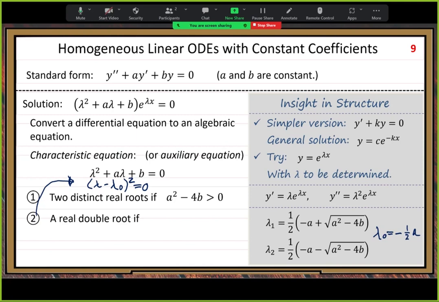We have the first solution. Here it's easy to get it. Can you use that substitution you just mentioned? Y2 equals U times Y1, where Y1 is the first solution. Then do all the things. You can do it that way.